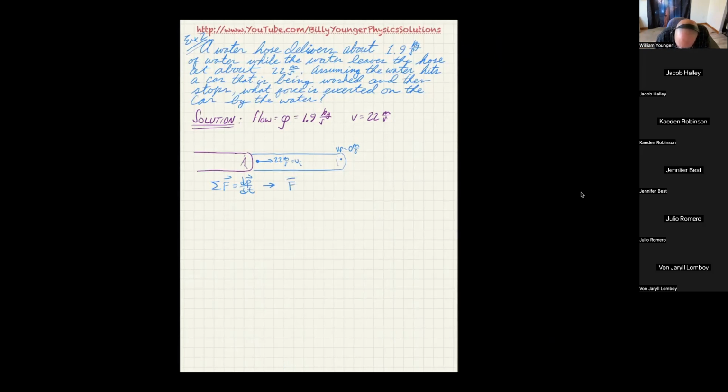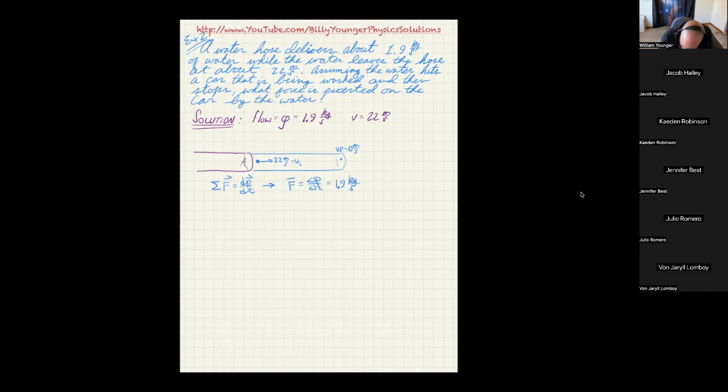So average force is going to be equal to delta P over delta T. Well, here's something interesting. If you take the 1.9 kilograms per second, that tells you how much water is being delivered every second in kilograms.